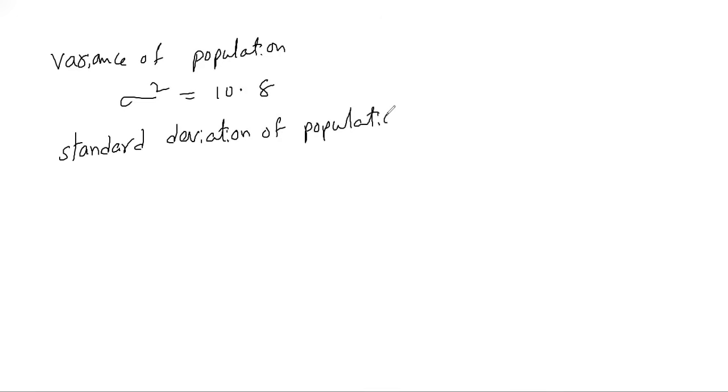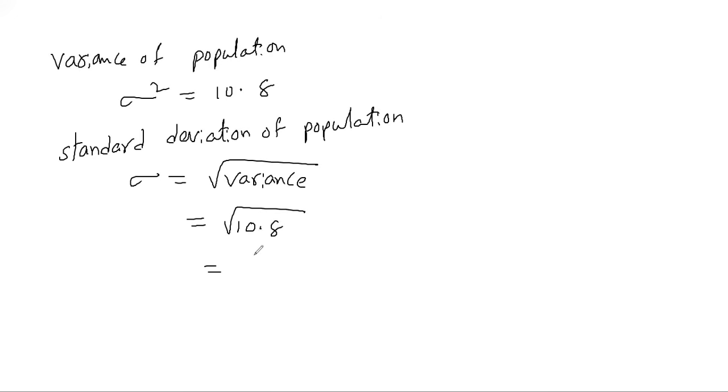So standard deviation is nothing but what? Under root of variance. That is sigma. Standard deviation is denoted by sigma. So that is nothing but under root of 10.8. So its value is approximately 3.286.